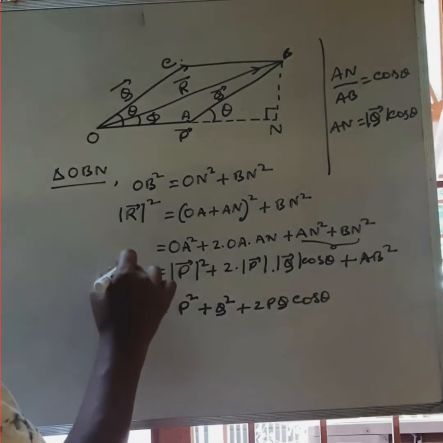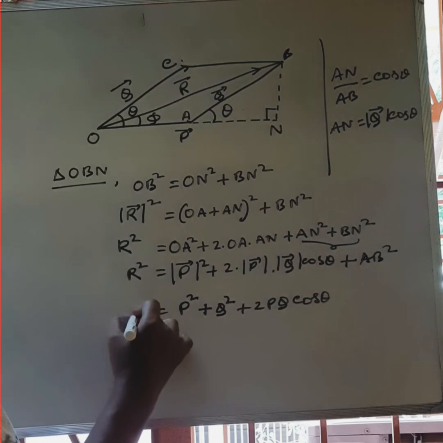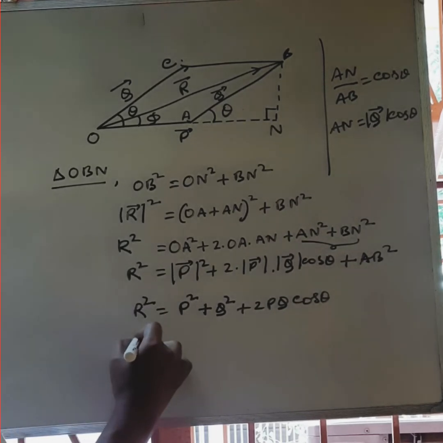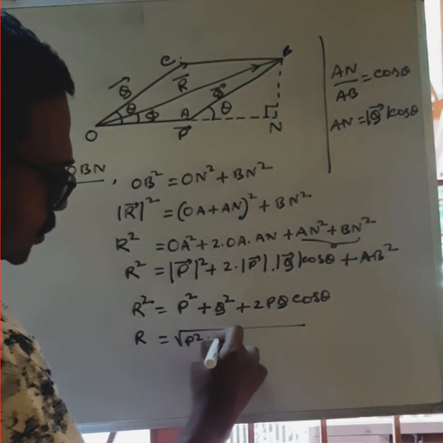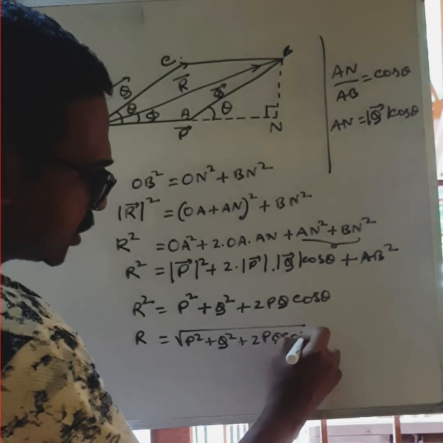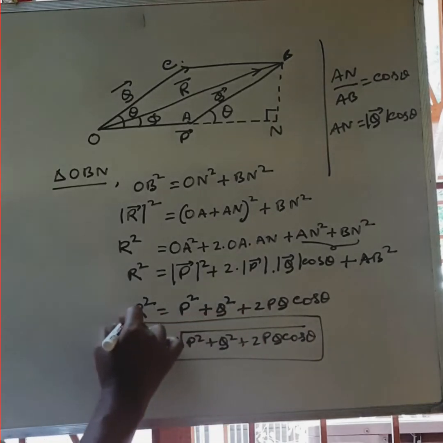That is the value of R square. So we are getting the square of the magnitude. From that, R equals root over P square plus Q square plus 2PQ cos theta. That is the generalized formula of addition of two vector quantities. Got it?